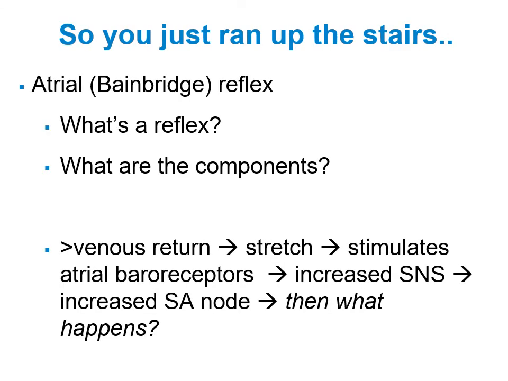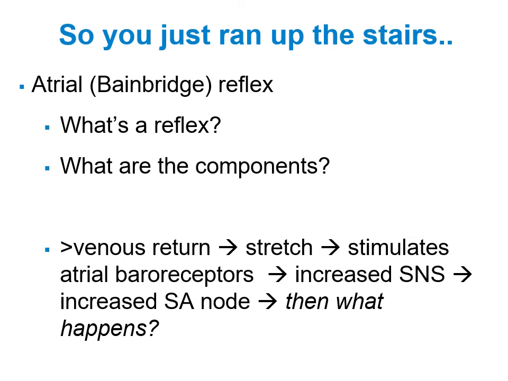There are reflexes to compensate for your heart rate as well. The atrial reflex stimulus is a rise in venous return. That's the amount of blood entering your right atrium. Increased venous return causes a stretched right atrial myocardium.